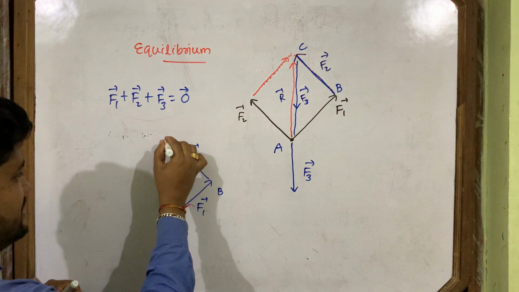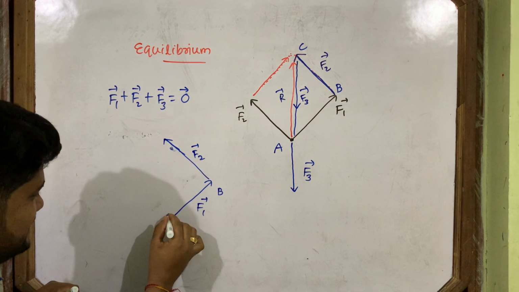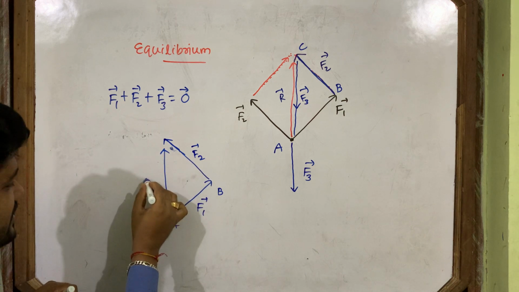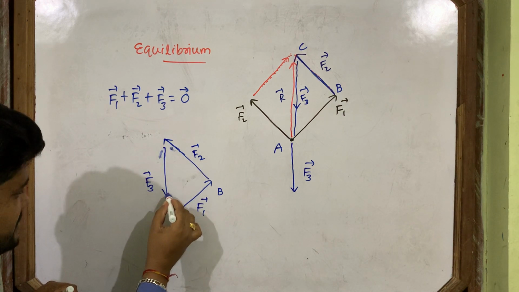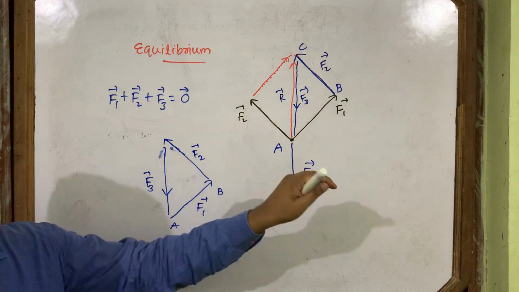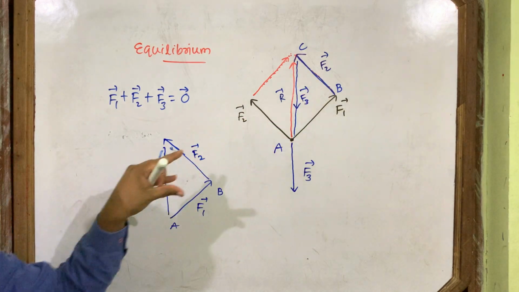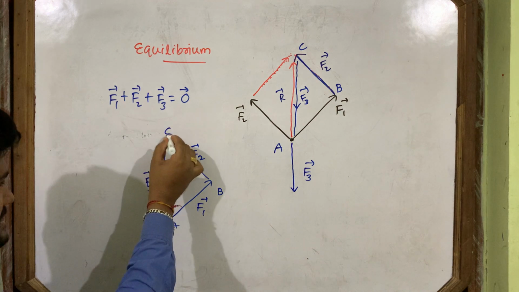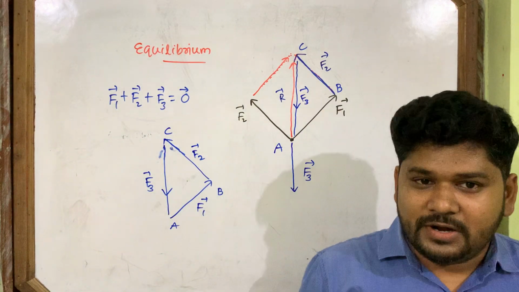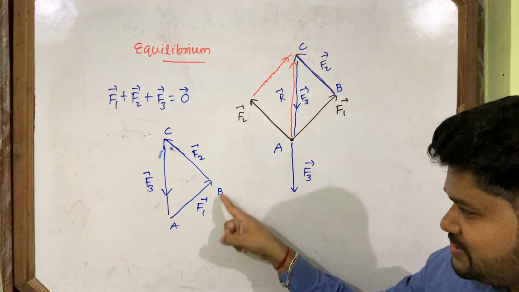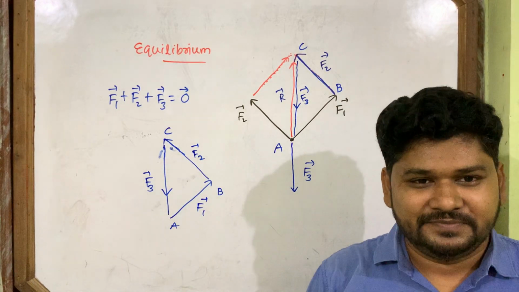Then this is F3. The arrow is to this side. I take the figure from there to here. ABC. What do you mark here? The three vectors which cause equilibrium.